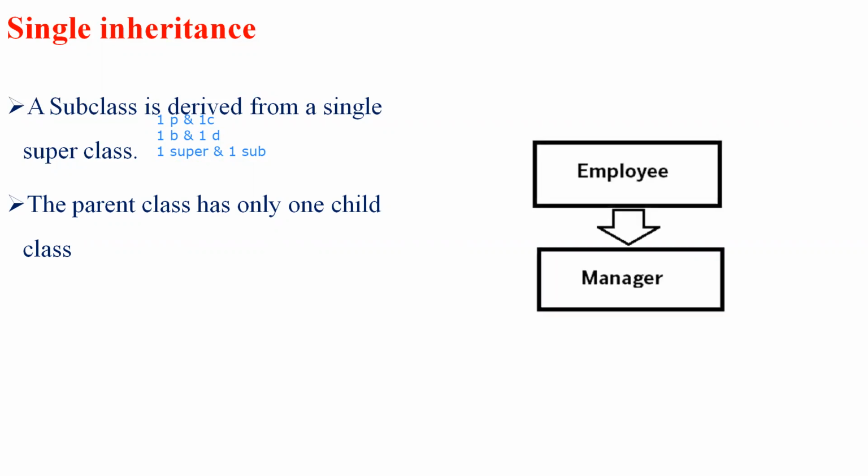So here is an example. Employee is a base class, whereas manager is a subclass, also called a derived class or a child class.